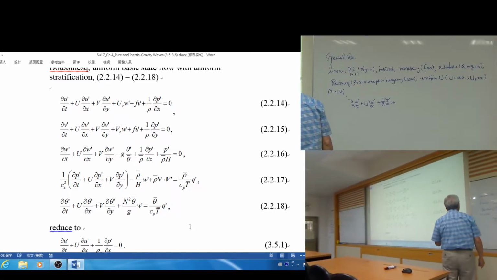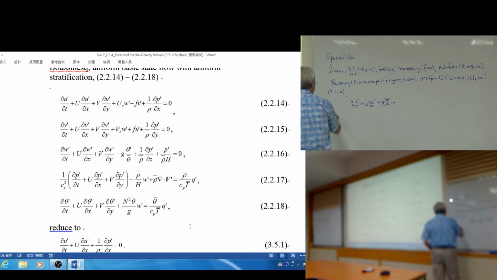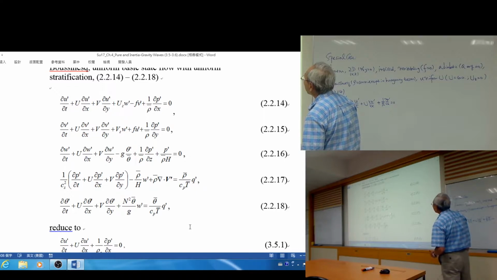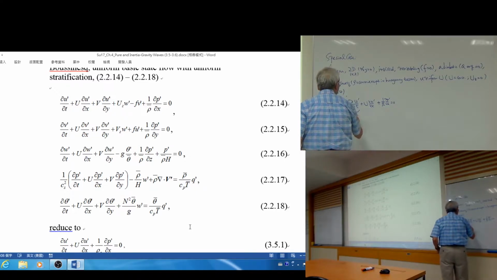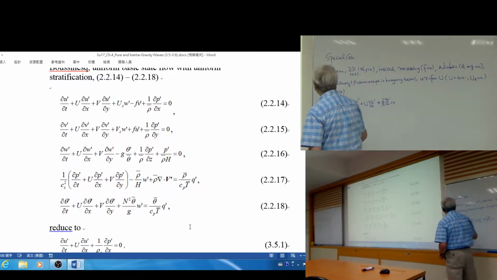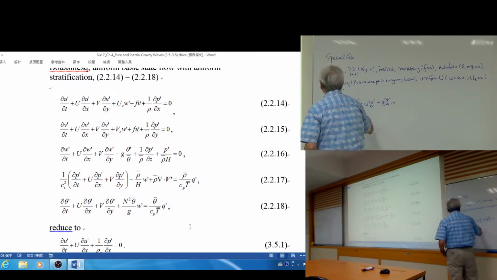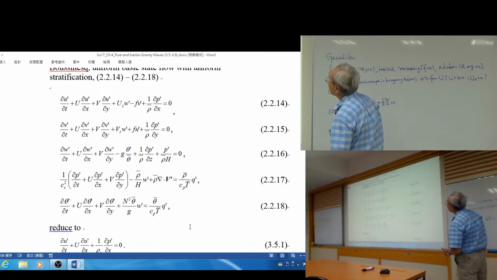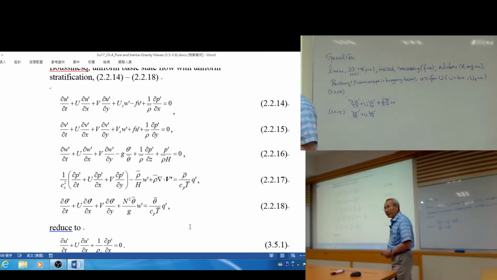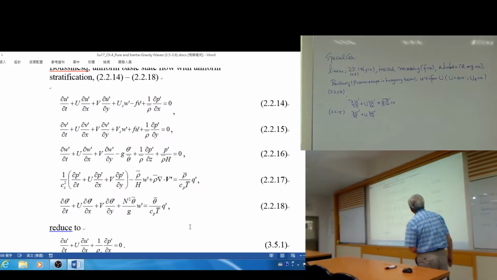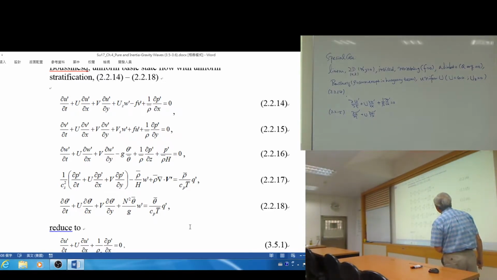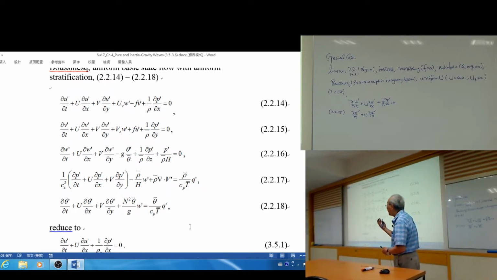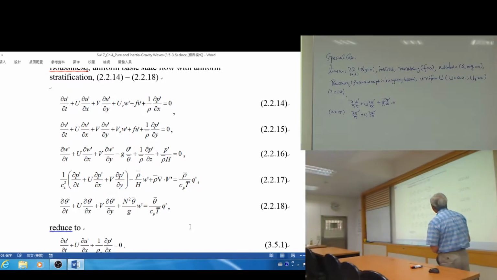And then the second equation, 2.2.15, becomes partial v prime, partial t, plus U, partial v prime, partial x. And d/dy, partial y equals 0 because it's 2D, so that's gone. And this one is gone too because there's no basic wind in the y direction, or no vertical wind shear.